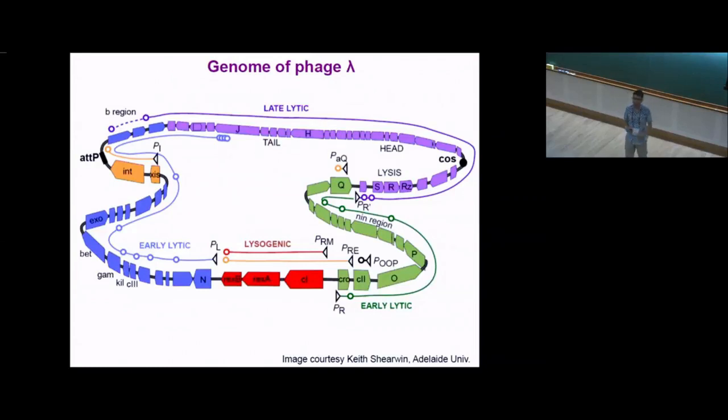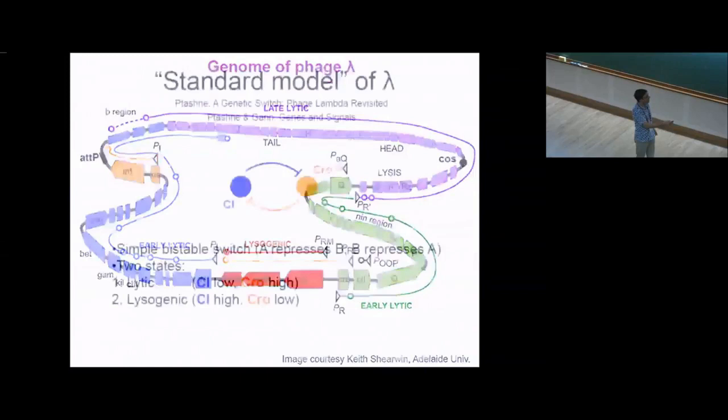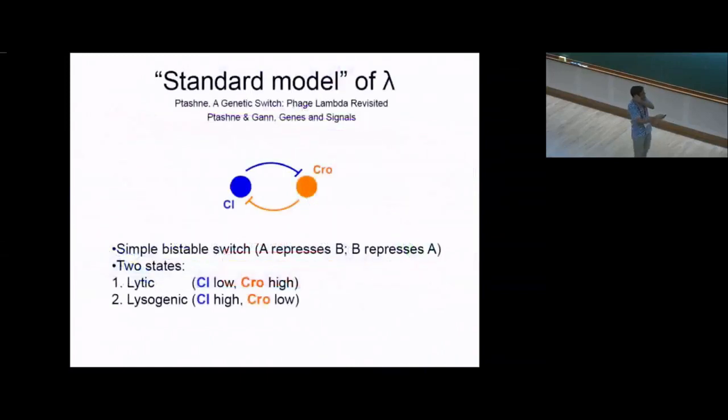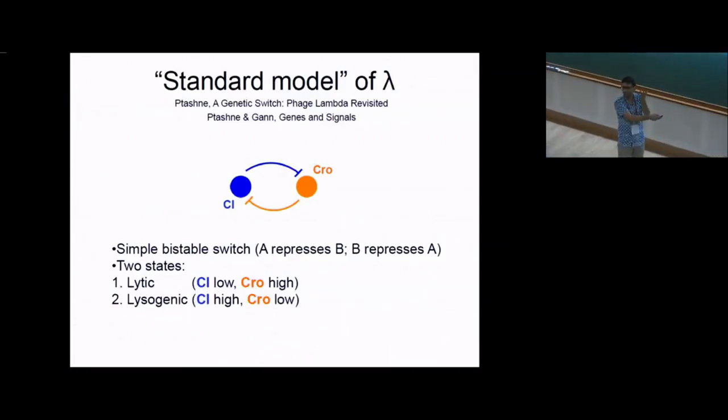And there is a model that people have had for a very long time of what regulation underlies this bistability, this fact that temperate phage can go into two very different states and be stable in either of them. And this is the standard model. You can read about this, it's almost like textbooks. It's gone into the textbooks. This is the way people think lambda phage's multiple stable states are formed.